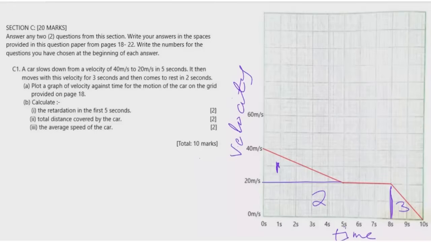So we're going to use this formula, which is speed is equal to distance over time taken. We have just found the distance that was covered in question B2.